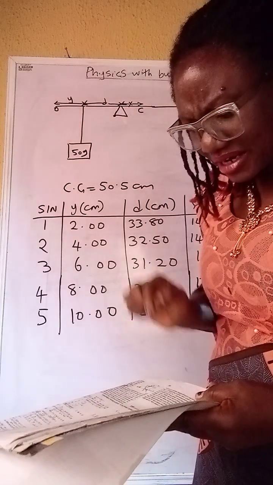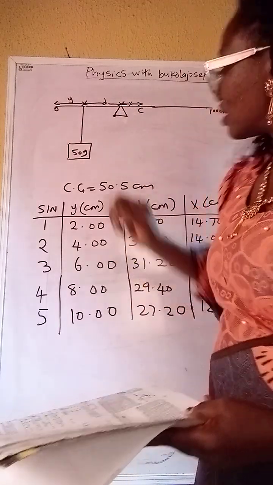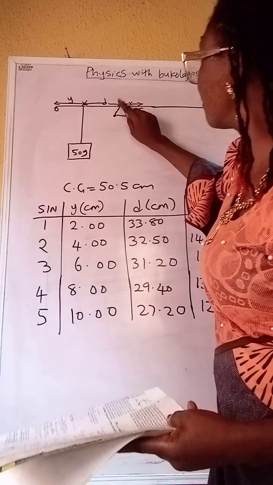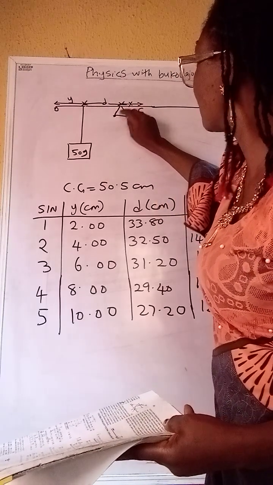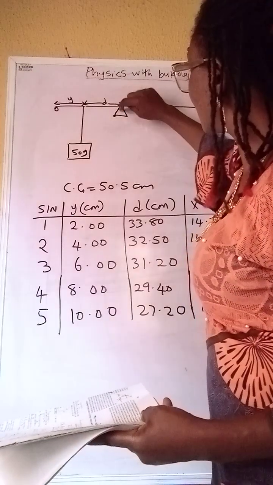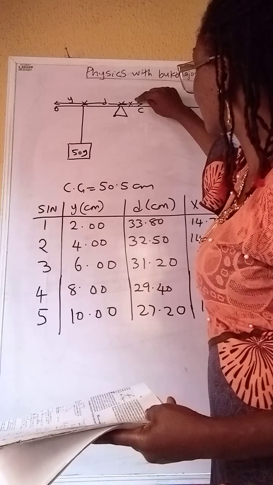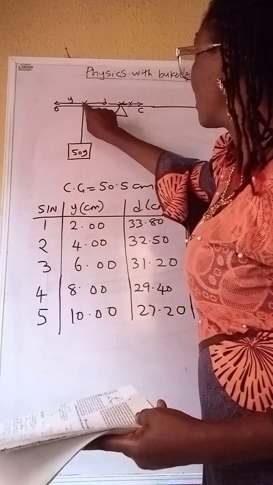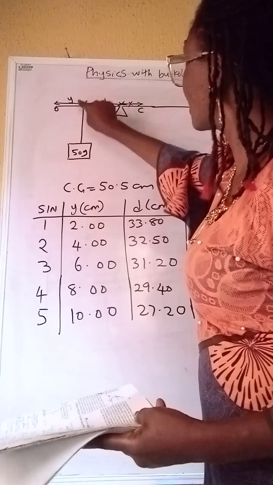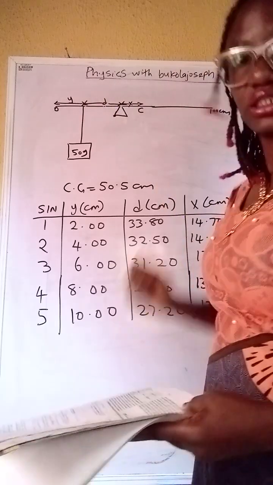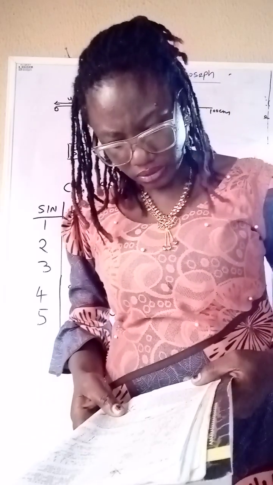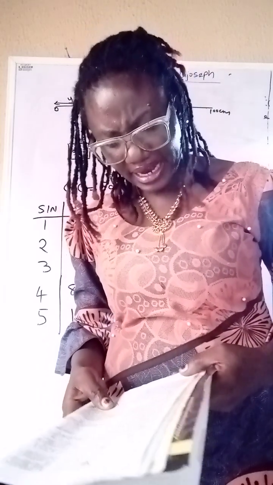Determine the values of D and X. I've explained how to find D and X. Once you have read off the position of the pivot, 50.5 minus what you read here will give you X. Then this position minus 2 centimeter will give you D. Is that okay? So determine the values of D and X.